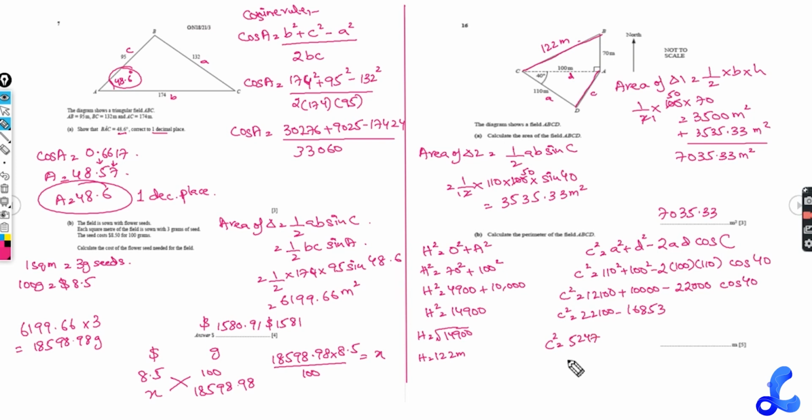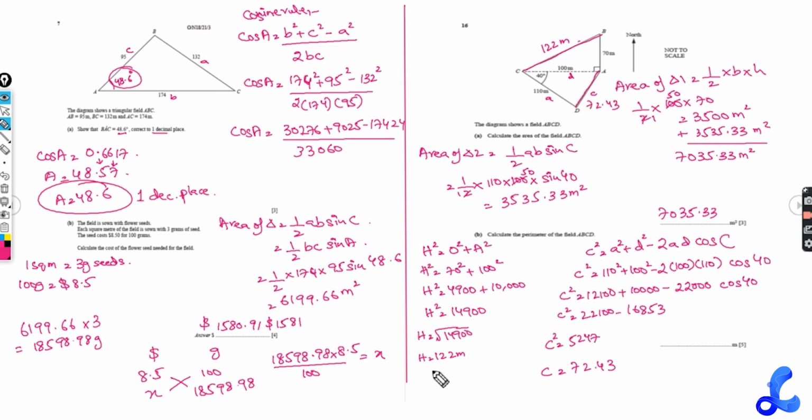And by the way, you will have to use the calculator to do all of these calculations. And c then you have is 72.43 meters. Again, it is not telling you how many decimal places, so we'll just use 2 decimal places. Sorry, my bad. So 72.43 meters is our side over here for c.